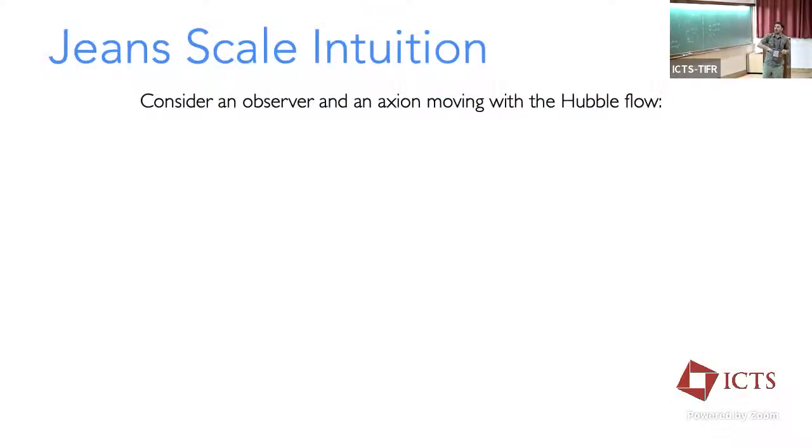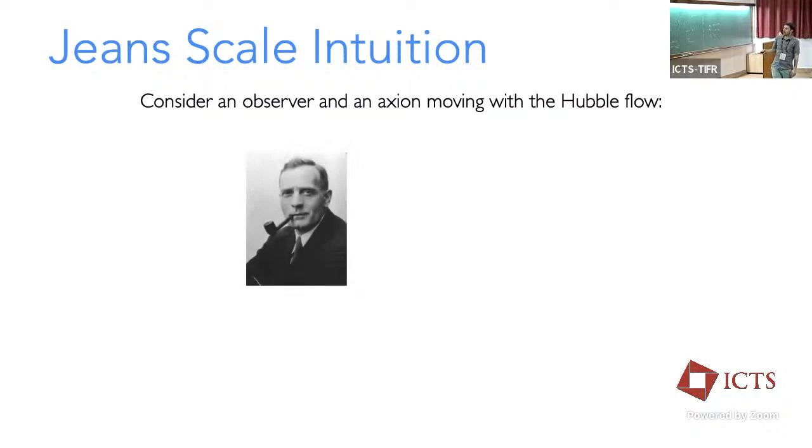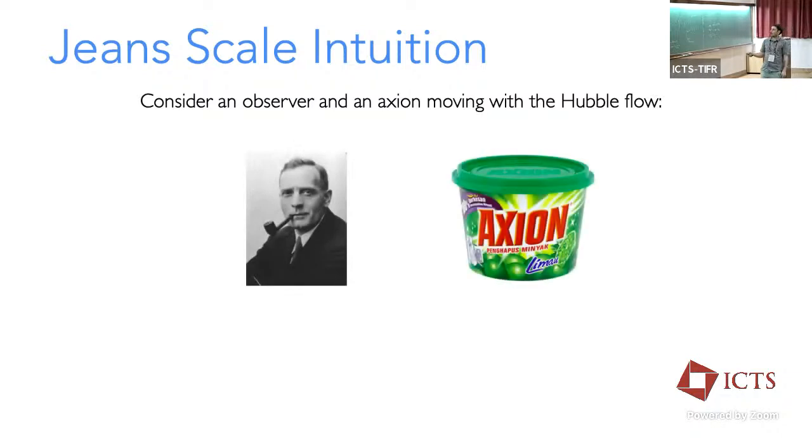Right, so I want to give you a little bit of intuition for the Jeans scale. So let's consider an observer moving with the Hubble flow. I'm sitting here, and there's an observer, and the observer is moving away from me with the Hubble flow. So here's Hubble, and Hubble is our observer, and he's moving away from some density of axion dark matter on the Hubble flow.